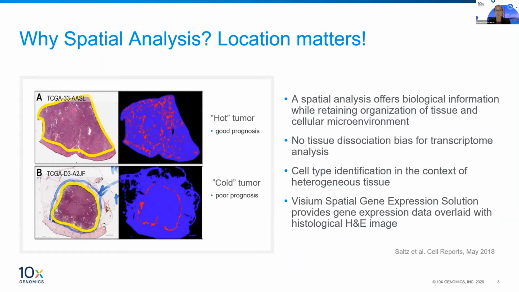Whereas at the bottom you can see in the same staining on a different patient, that is not the case. The T cells are not infiltrating the tumor, which means in most cases prediction of a poor therapy outcome and poor prognosis.